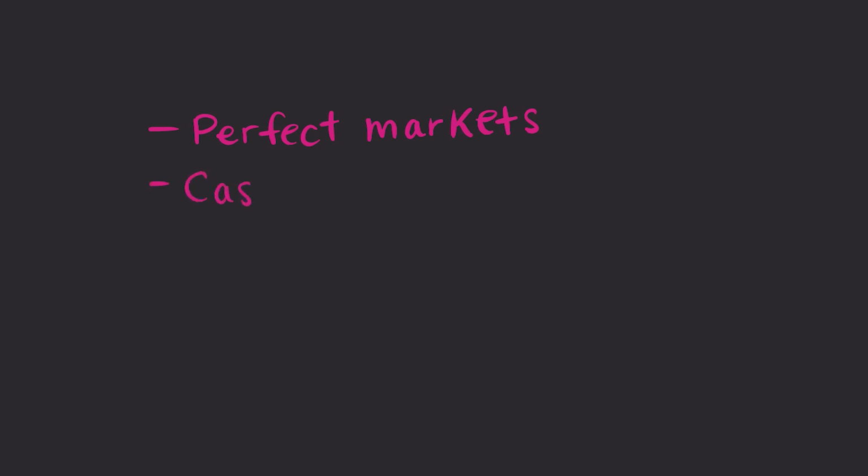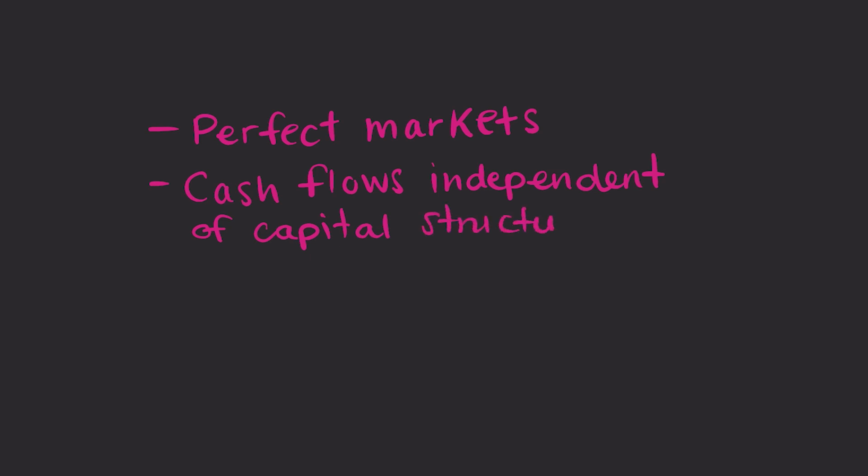You have cash flows that are independent of capital structure. As we saw in the previous example, the total cash flows of the firm are going to be $36,000 regardless of whether it levers up or not. So basically, the capital structure of the firm does not impact its operations in any way.